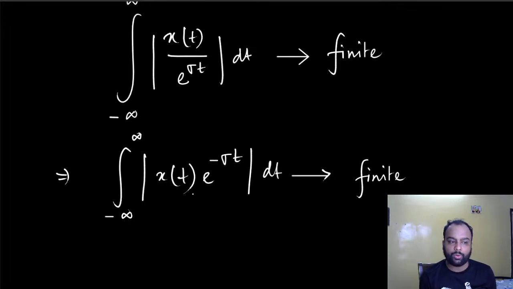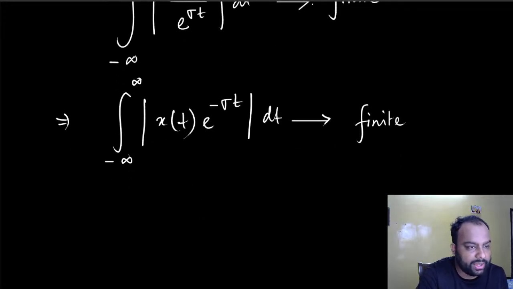So essentially what we know right now is that x(t) does not have a Fourier transform, right?